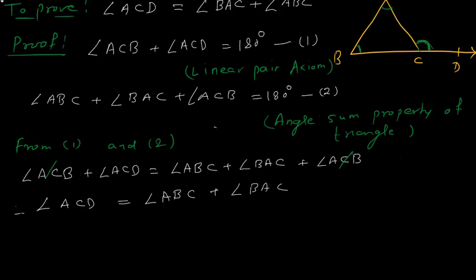ABC is this angle, BAC is this angle. So this exterior angle is equal to the sum of these two opposite interior angles, hence we have proved.